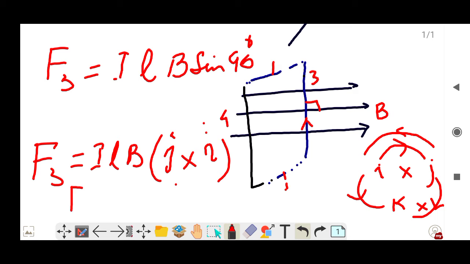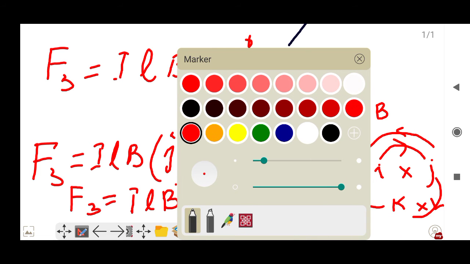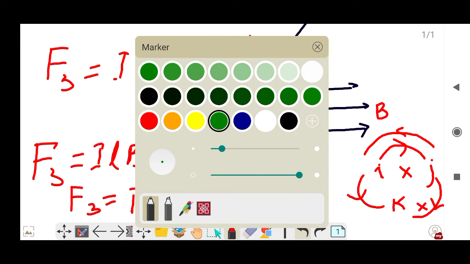So therefore you'll write force F3 is equal to I, L, B, but the direction is negative K. So negative K means it's going into the plane of the board, so I'm writing that as minus K. So if I have to show that force, let me use a different color to show you that.